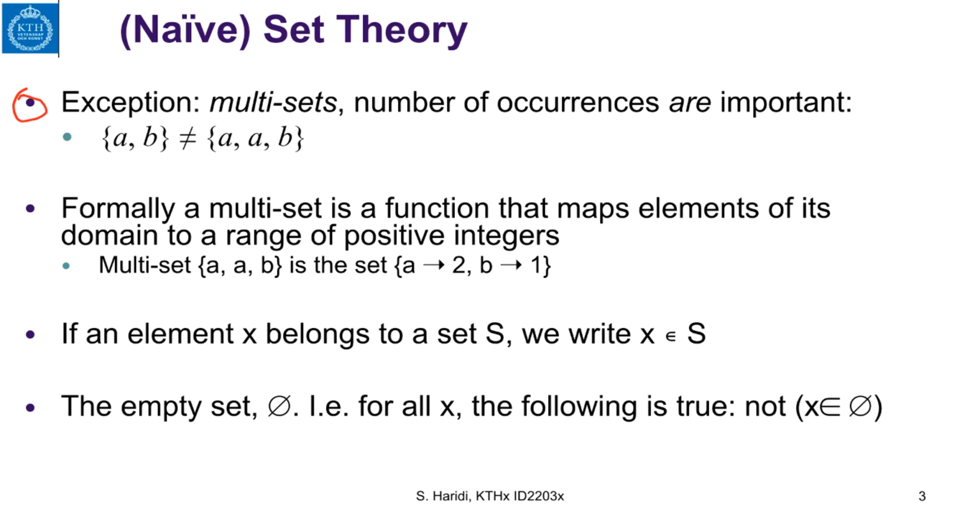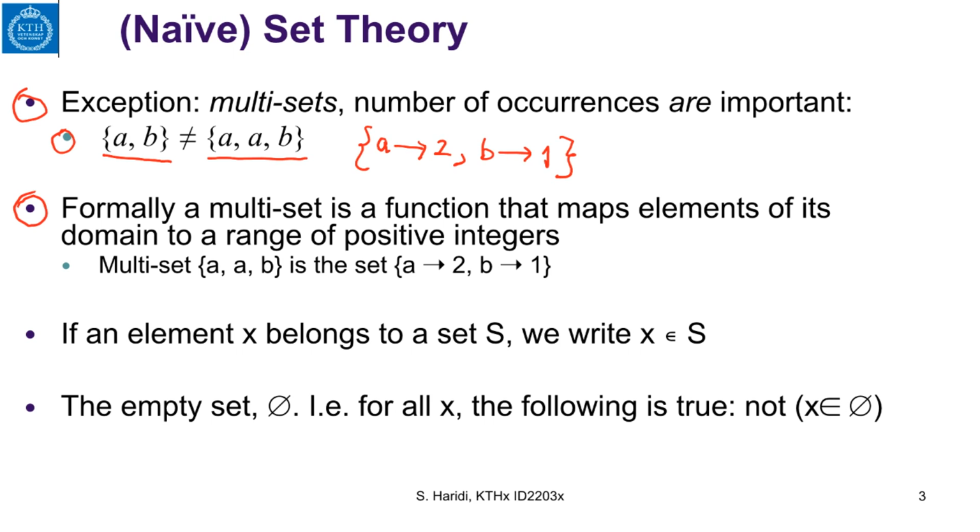So if we are talking about multi-sets, the multi-set A, A, B is not equal to the multi-set A, B. In fact, multi-sets are functions or mappings that describe the following mapping: A maps to 2, and B maps to 1. So that's what we are saying here.